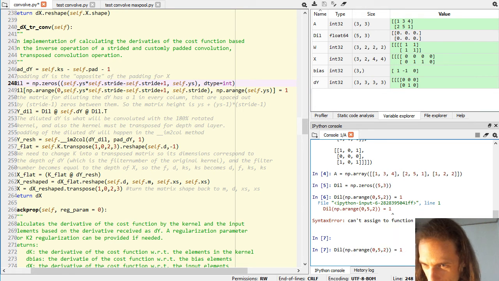Whoops, what did I do wrong? Yeah, of course, this is not a function. I'm coming from a QuickBasic background. It was 20 years ago I learned QuickBasic, so now I can blame all my bad syntax on that.